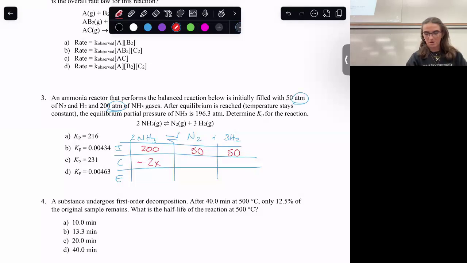Yep. So what does that mean for nitrogen and hydrogen? Plus X and plus 3X. Okay, so then at equilibrium, we're going to have 200 minus 2X, 50 plus X, and 50 plus 3X.